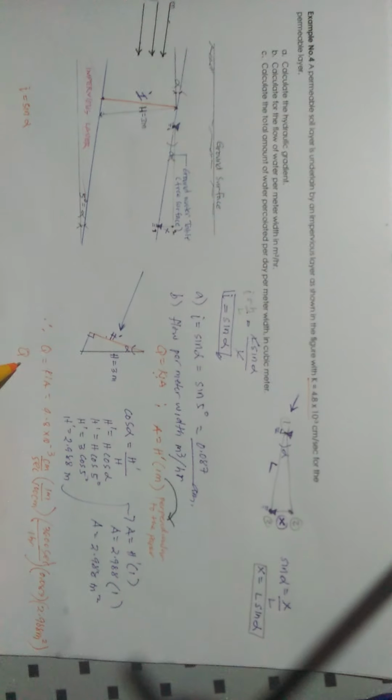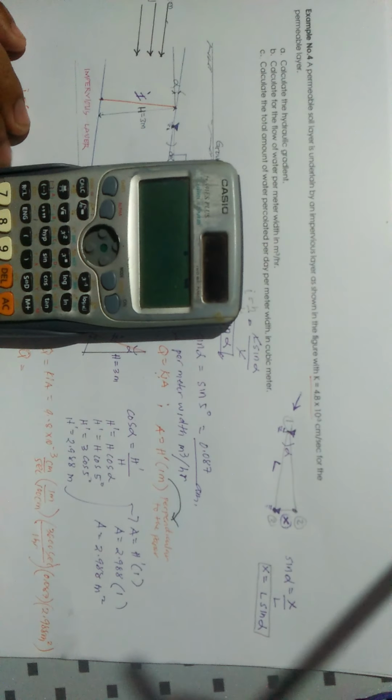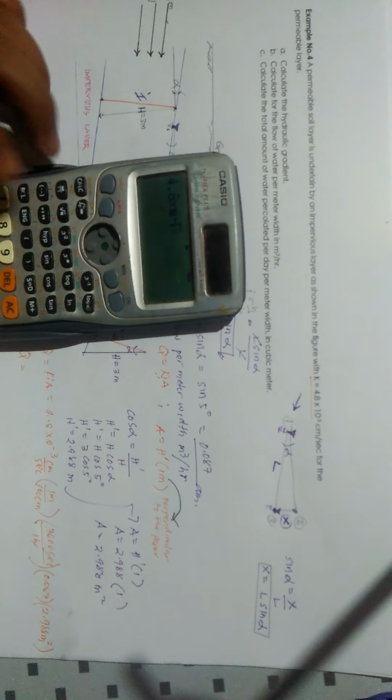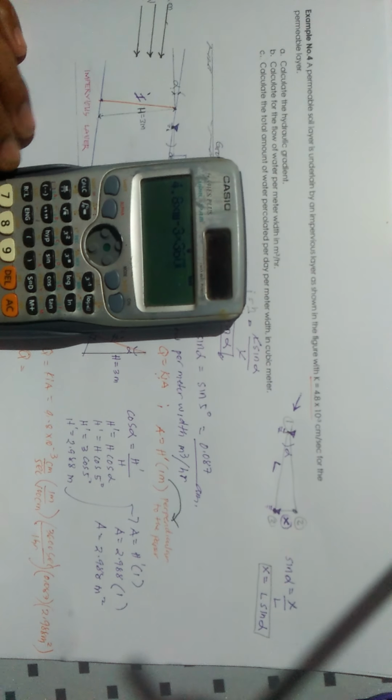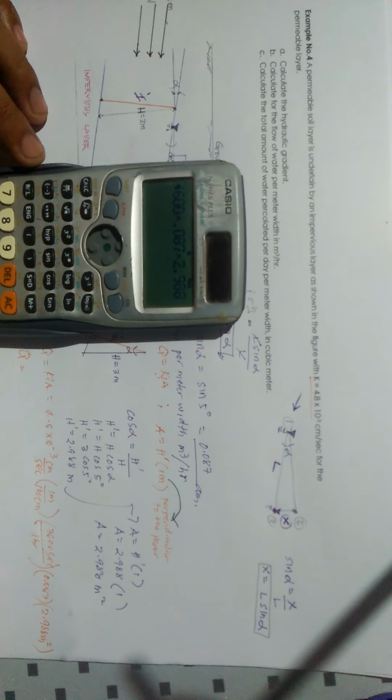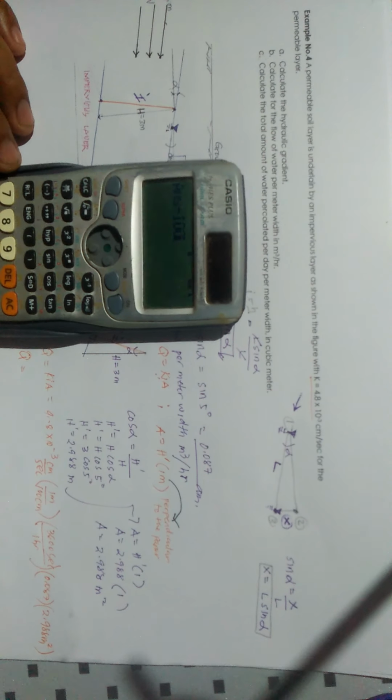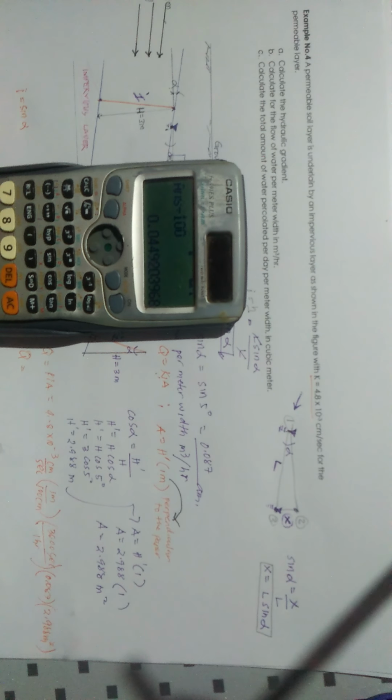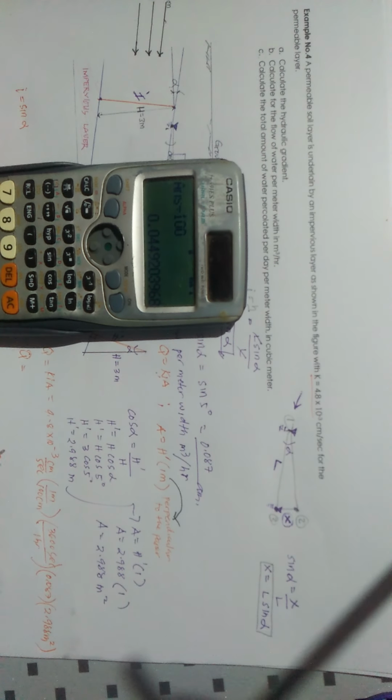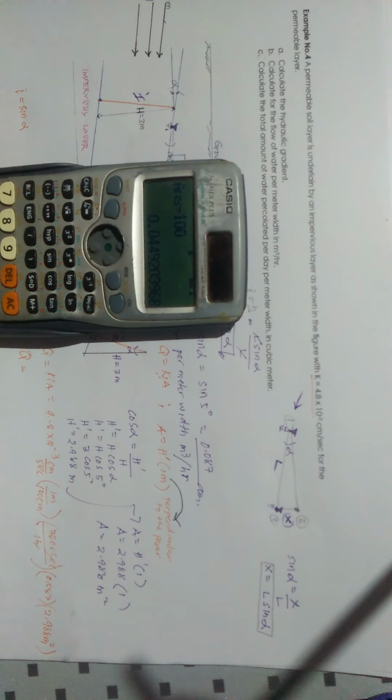Okay? So, ang Q mo dyan is simply equal to 4.8 times 10 raised to negative 3 times 3,600 times 0.087 times 2.988, okay, divided by 100. So, ang sagot is 0.048. Okay, meter cube per hour.